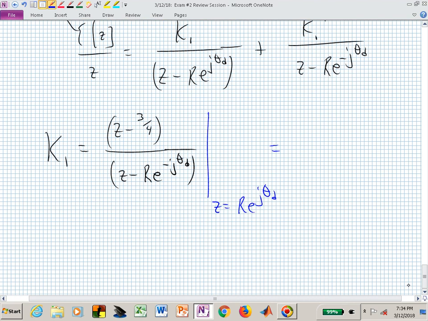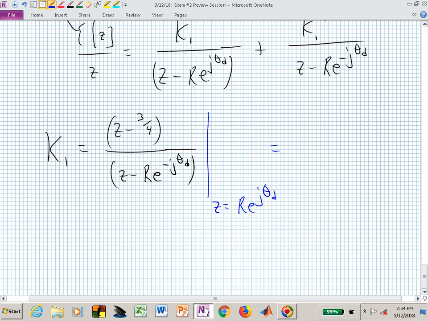And that becomes some complex number. You can plug in Z equal to that complex number and find what K1 is, and that will be a complex number. So I want Z to be R e to the J theta sub D, and what's underneath is Z minus R e to the minus J theta sub D. So I don't want that denominator to vanish.